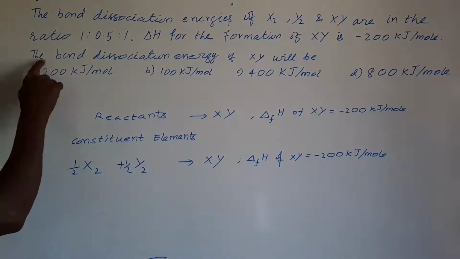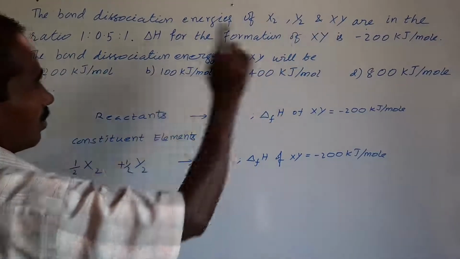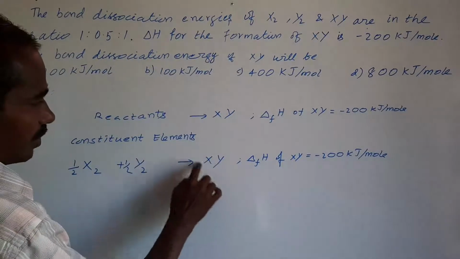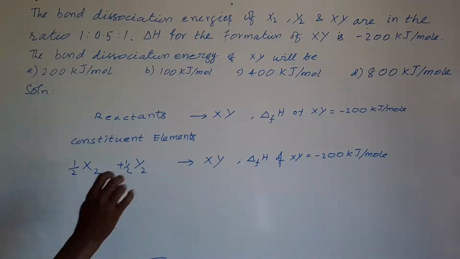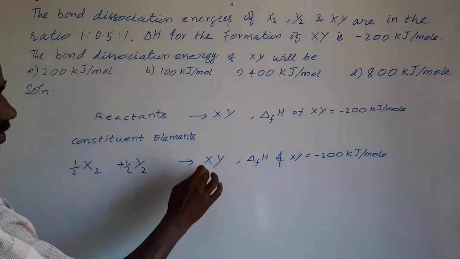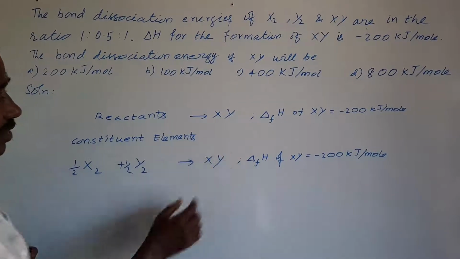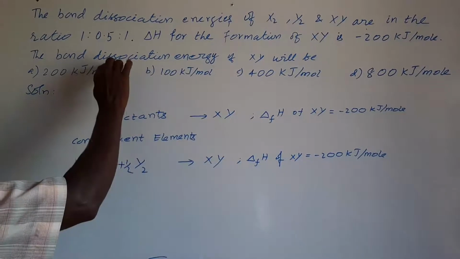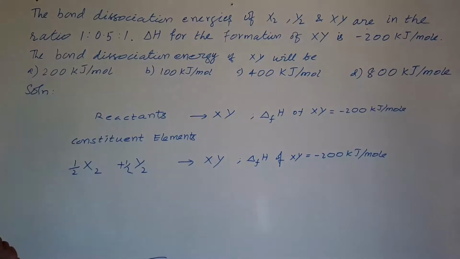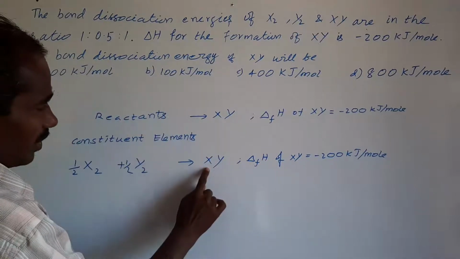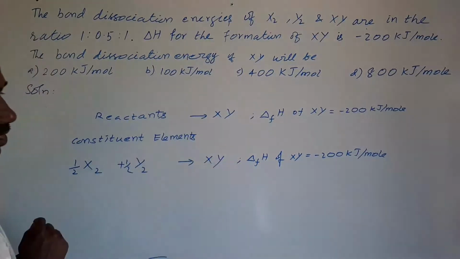Next, the bond dissociation energy of XY is what we have to find. For this the enthalpy of formation is given. Regarding XY, delta H is given, and regarding XY, bond dissociation energy is asked.